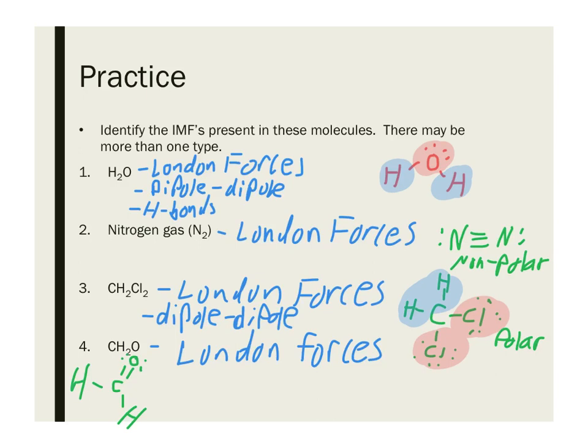And if we take a look at this one, the oxygen has lots of valence electrons, unequal electrons. So it's kind of negative. The hydrogens are kind of positive. It is polar.